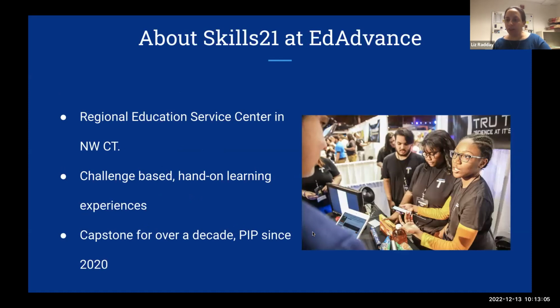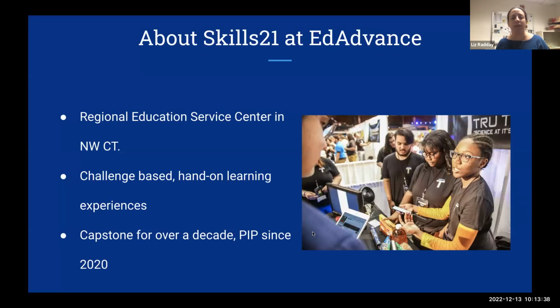So if you don't know Skills 21, we are at EdAdvance, which is one of the 6 regional education service centers. We're the one way up in the northwest corner, where we have snow and lots of beautiful things. Within every RESC, there are lots of different departments, and the Skills 21 department is just over 2 decades old, and their work has been on challenge-based learning, hands-on learning experiences for much of their history.